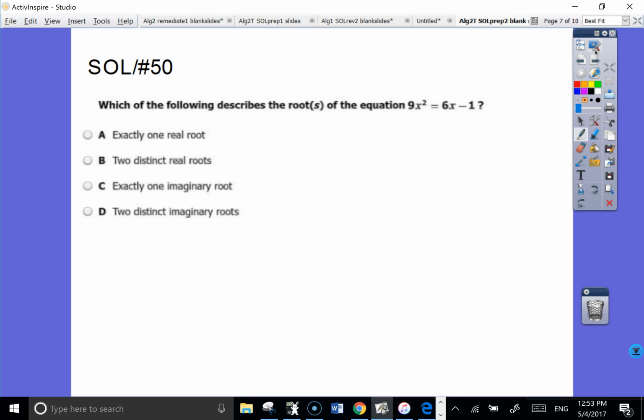If you remember, the discriminant is which part of the quadratic formula? It's just the b squared minus 4ac. It doesn't include the radical or anything else, just the b squared minus 4ac. Now we know that occurs underneath a radical.